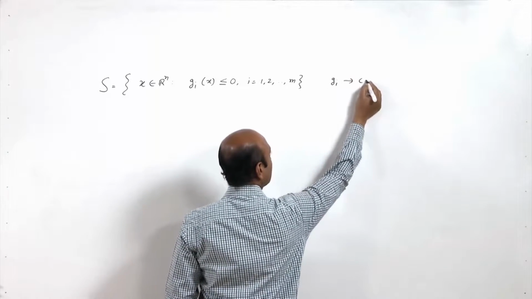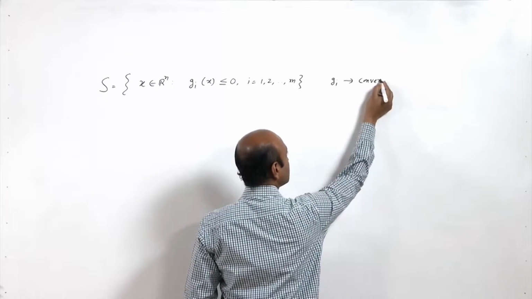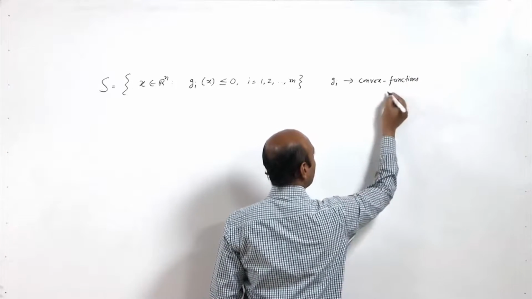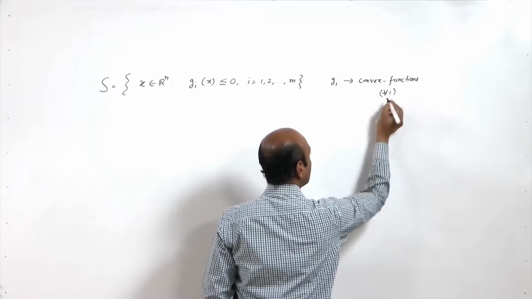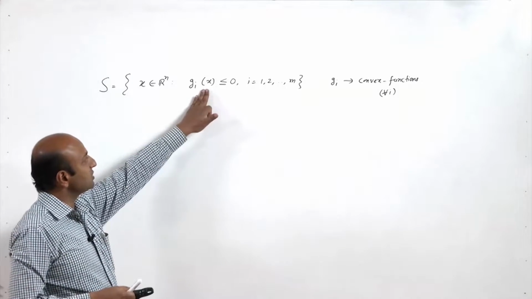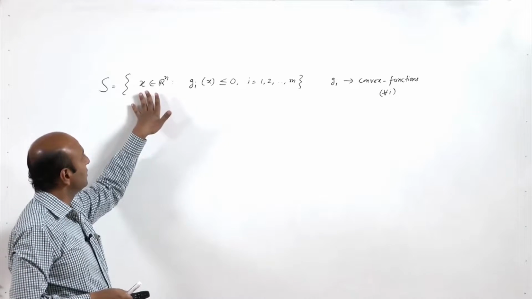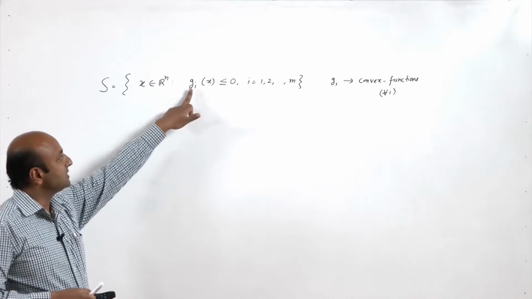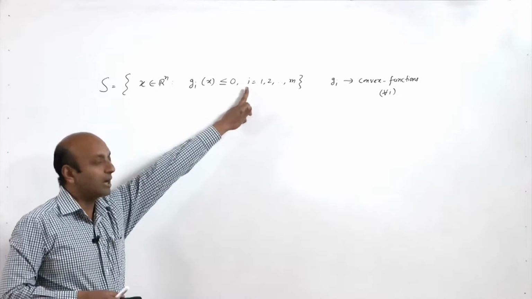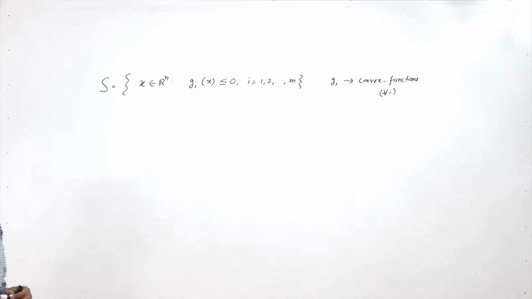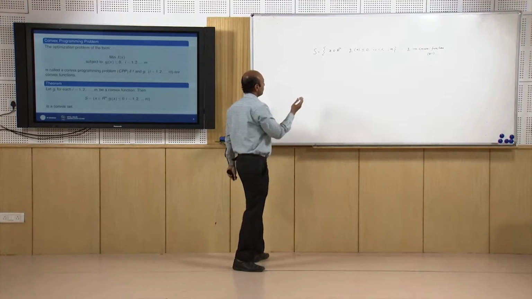If all g_i's are convex functions, then this set consisting of all x belonging to R^n such that g_i(x) is less than or equal to 0 for all i is a convex set. The proof is very easy, we can simply prove it.